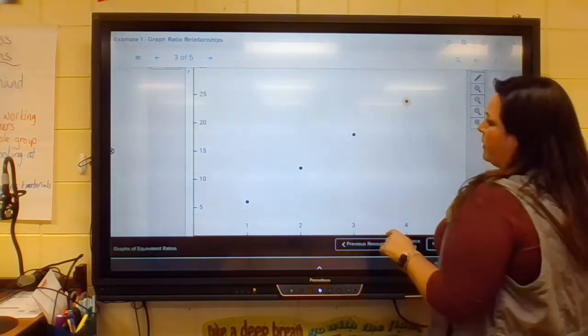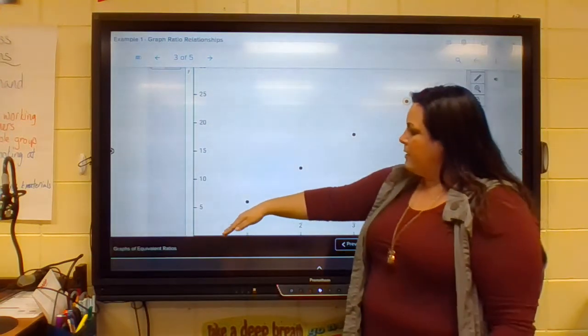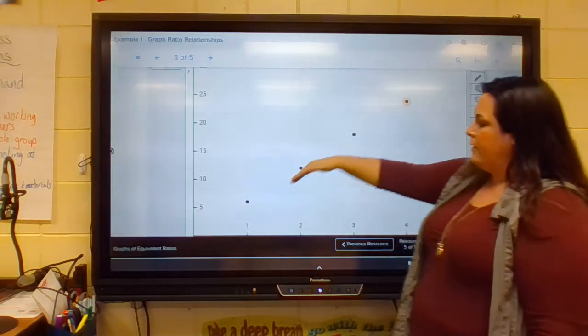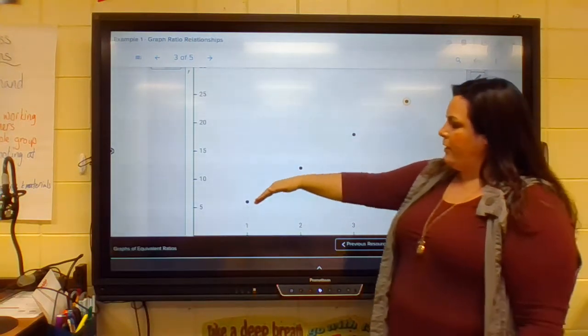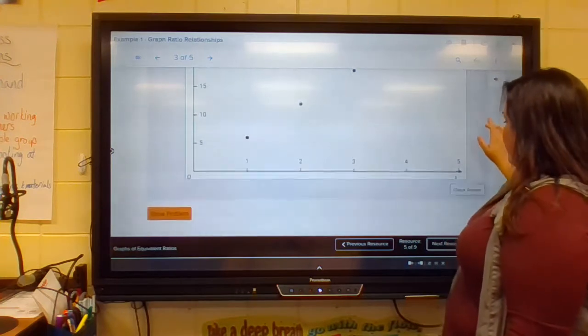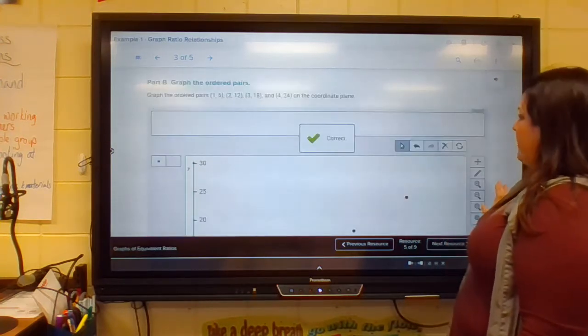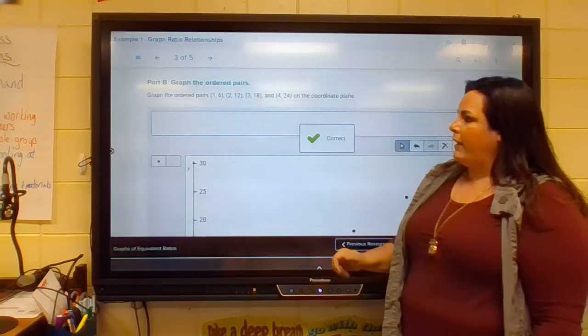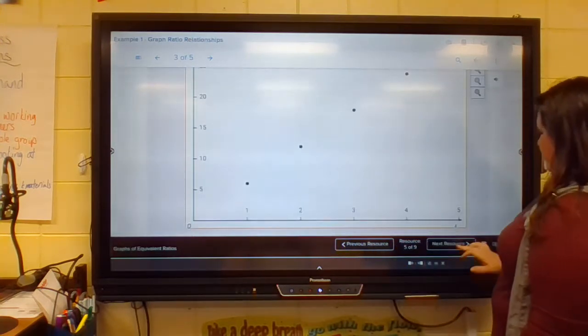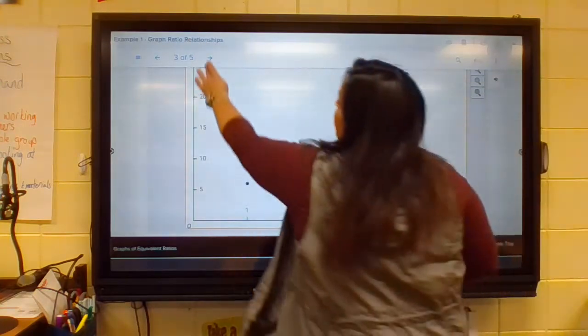There we go, good. And now we can see once again that we see a steady increase, right? This nice straight line that we can graph on our ordered pairs. And if we check it, we are correct, and that's how it should be. All right, go ahead and check that.